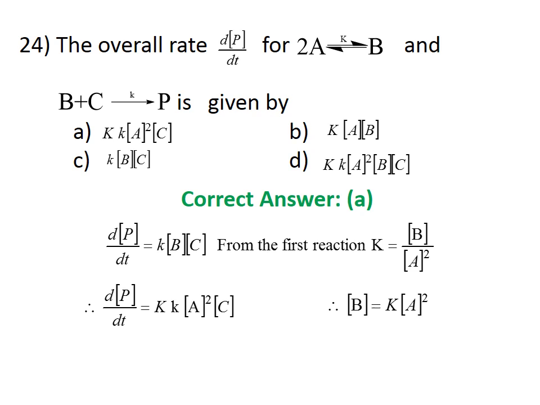From the first equation, 2A gives B, the equilibrium constant K will be equal to concentration of B divided by concentration of A the whole square. From this, the value of B will be equal to K into A square. You substitute the value of B in the second equation. dP by dt will be equal to equilibrium constant K into rate constant k into concentration of A the whole square into concentration of C. Option A is correct. The correct answer for the question is A.